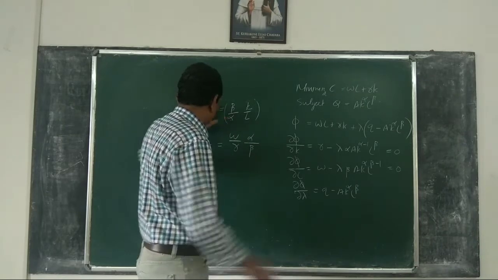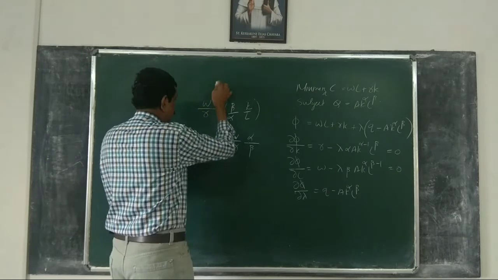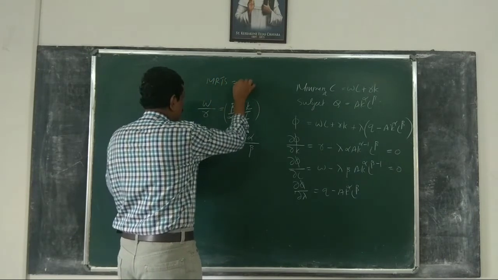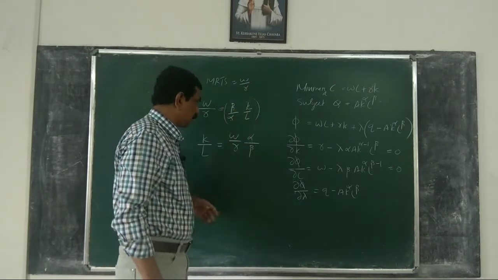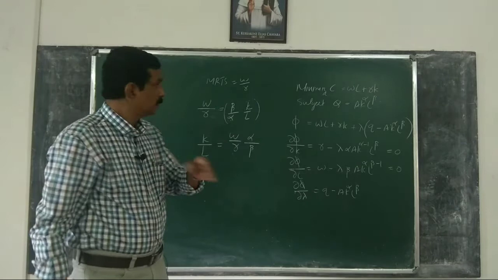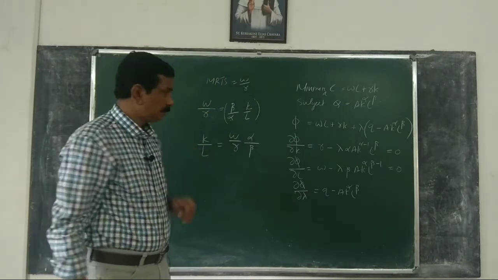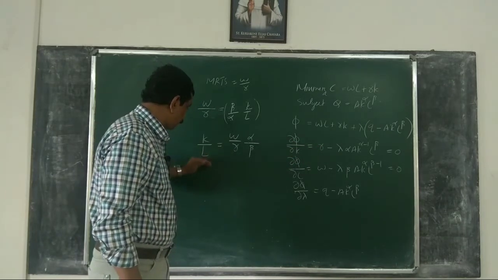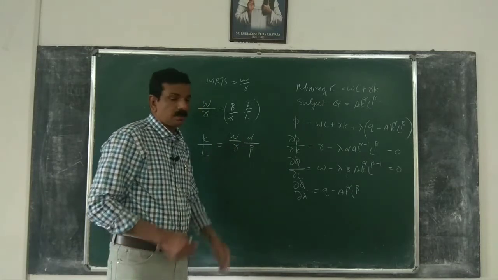This W by R is the factor price ratio, and the condition for equilibrium is MRTS is equal to W by R. Solving for K by L, you will get K by L is equal to W by R into alpha by beta.